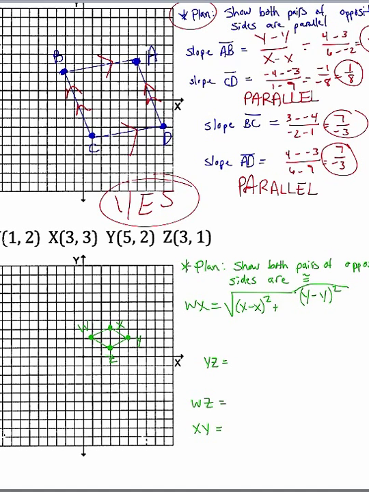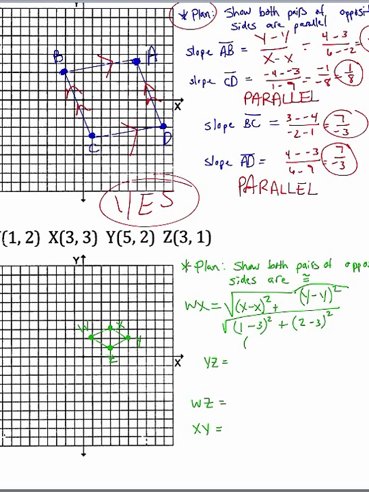So I'm going to do that for WX. So the coordinates of W would be the x of 1 minus 3 squared plus the y of 2 minus 3 squared. And again, I'm taking the square root of all of that.